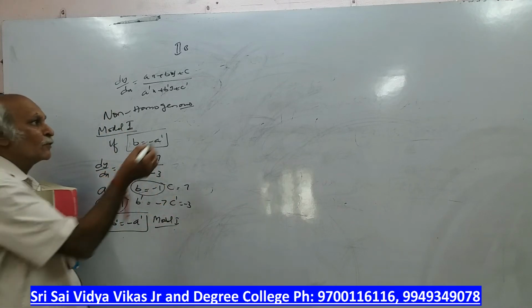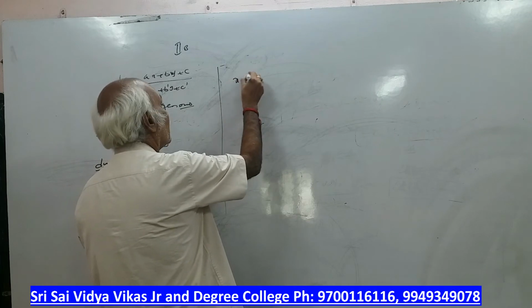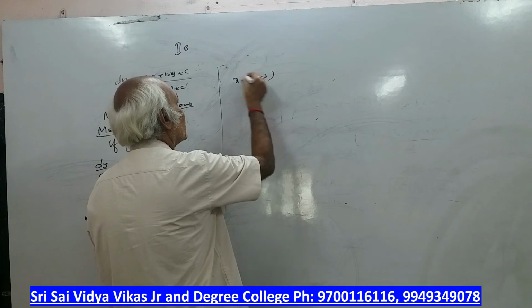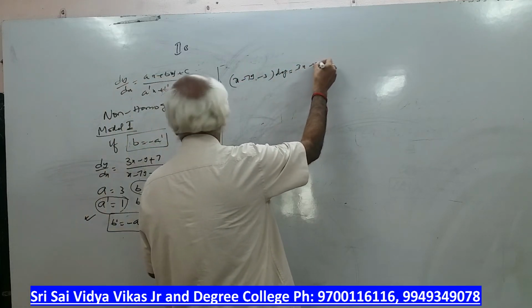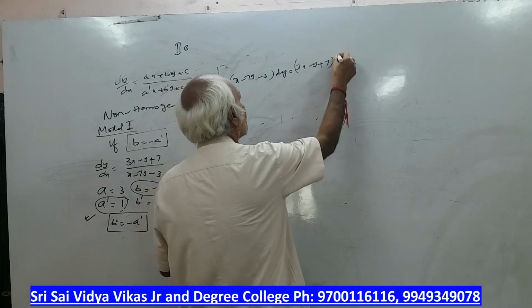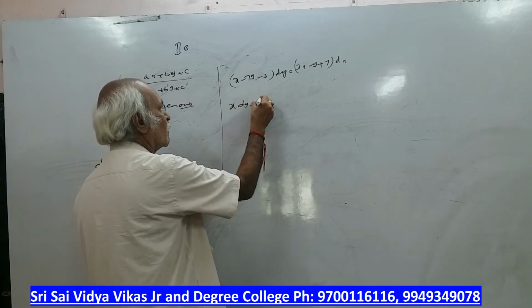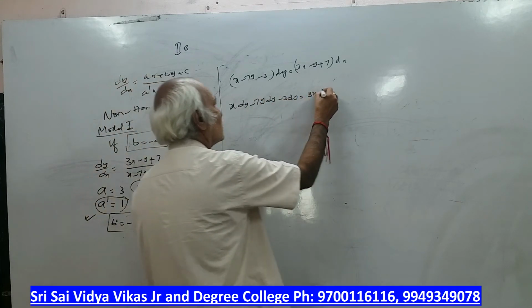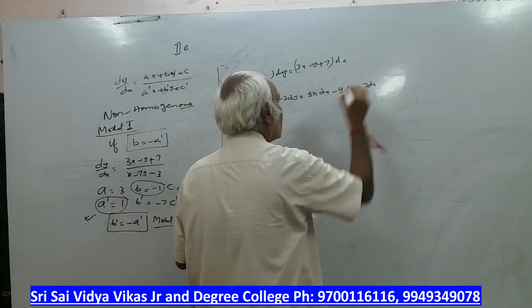Now how to solve? Just simply cross multiply. So x minus 3y minus 3 dy is equal to dx. Open the bracket. Always you get like this only.